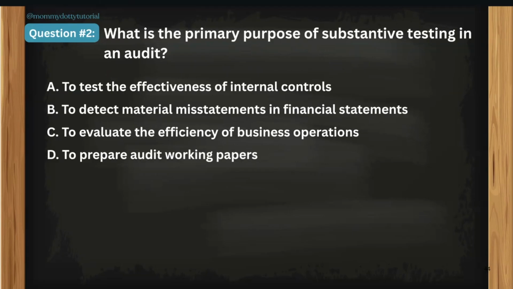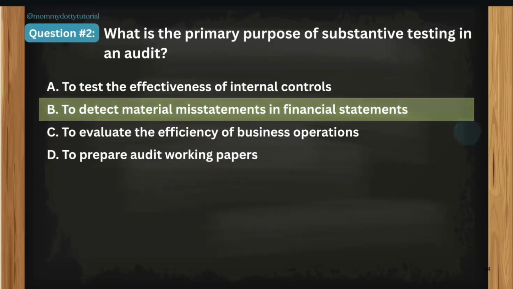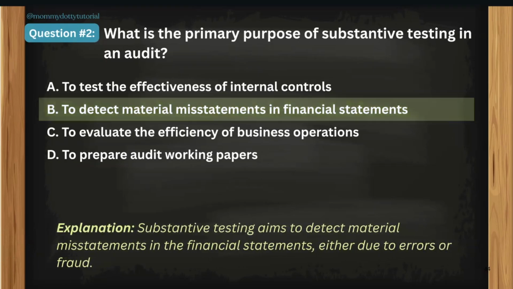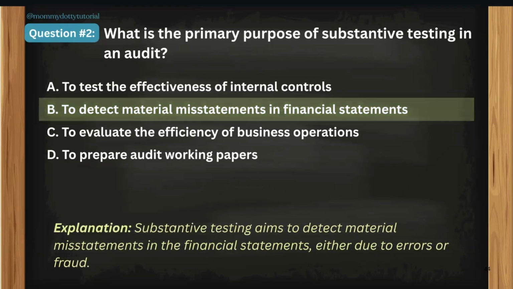And D, to prepare the audit working papers. Okay, you may pause the video to think. The correct answer is letter B, to detect material misstatements in financial statements. Substantive testing aims to detect material misstatements in the financial statements either due to errors or fraud.